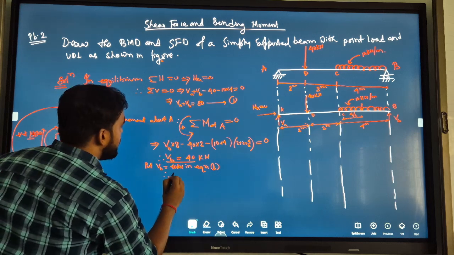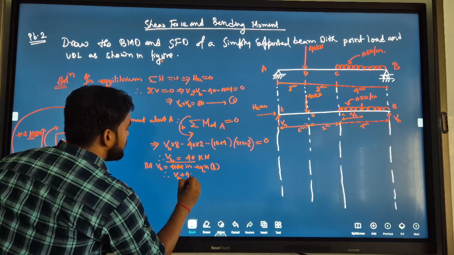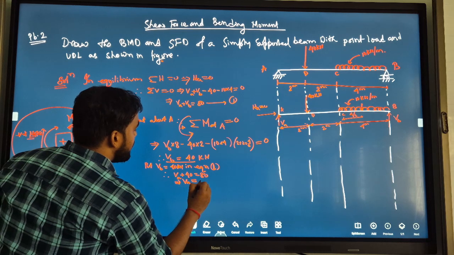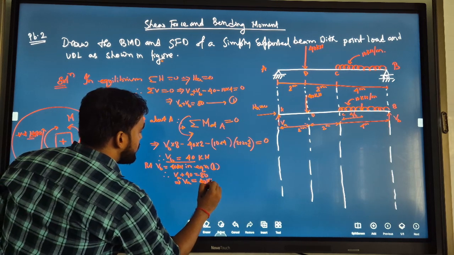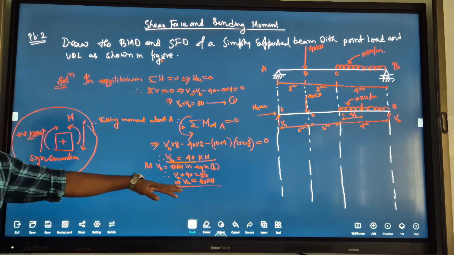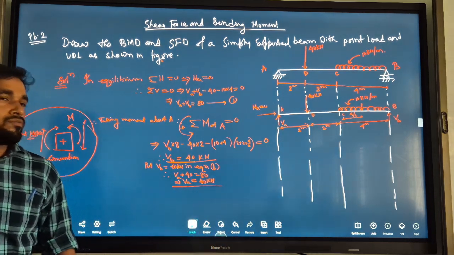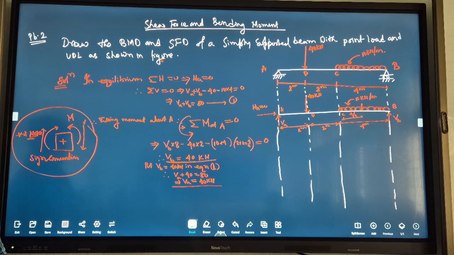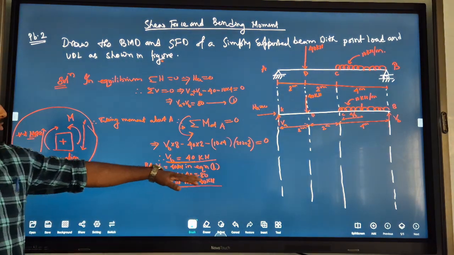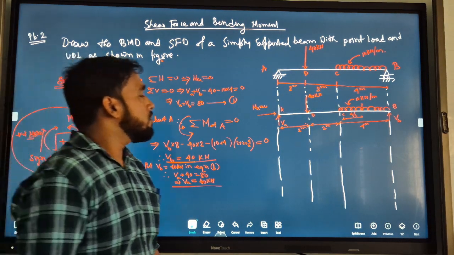Then VA plus 40 is equal to 80. That means VA equal to 40 also. So VB is equal to 40 kN and VA is also equal to 40 kN. Please check. VB is 40. Okay. Then VA is also 40.